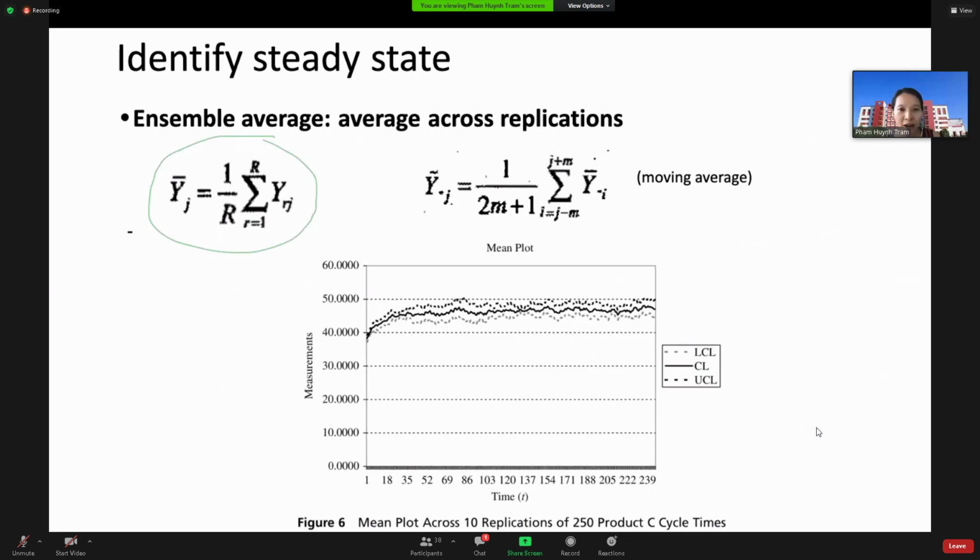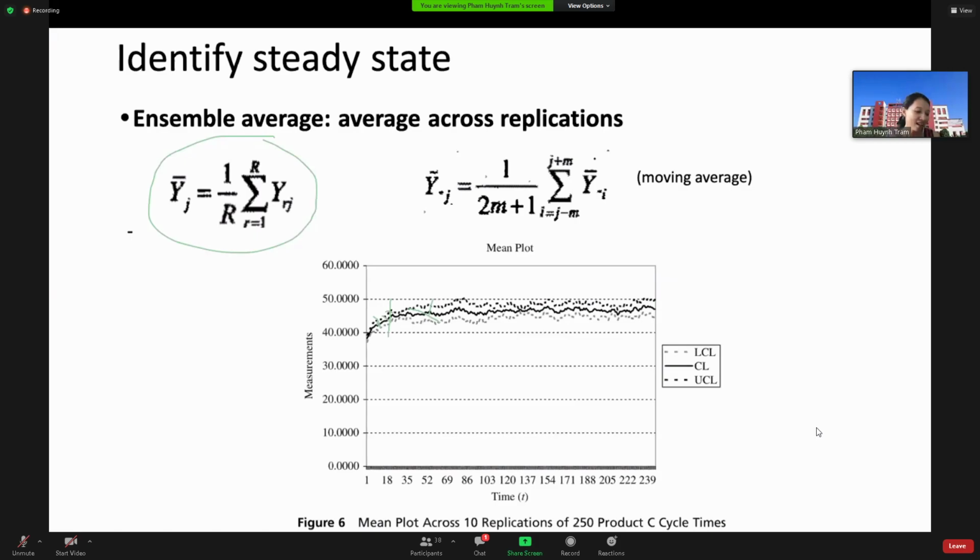If we plot the average across replications, the plot will be much smoother than when we plot for individual replications. Each point here is actually the average of the first entity through, for example, 10 replications, and then the average of the second entity throughout the 10 replications, and so on.